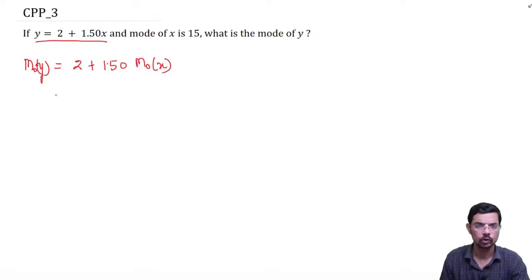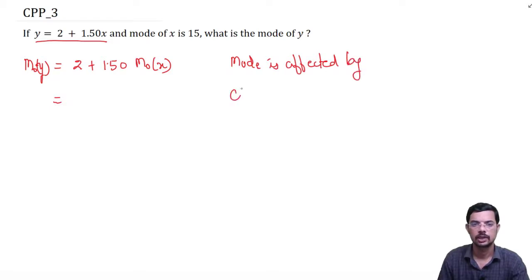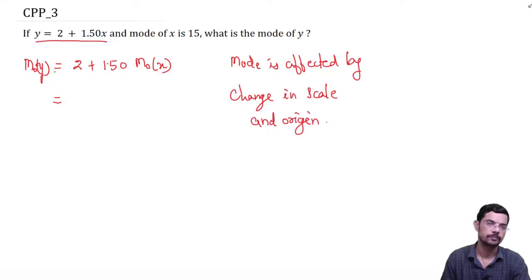This is known to us since mode is affected by change in scale and origin. This is the property that we are using here. So that is 2 plus 1.50, and 1.5 can be written as 3 by 2.